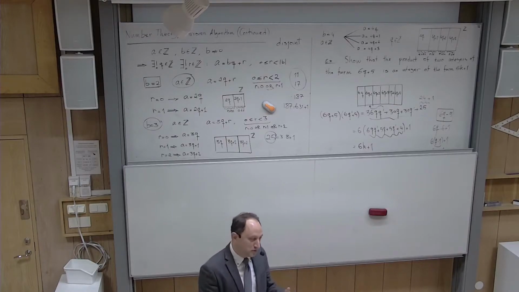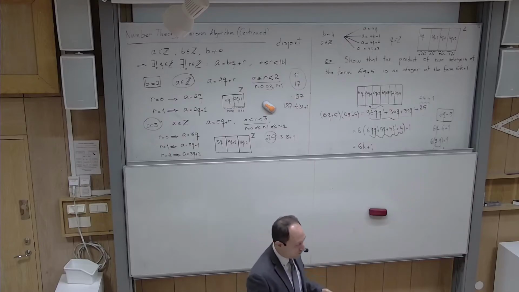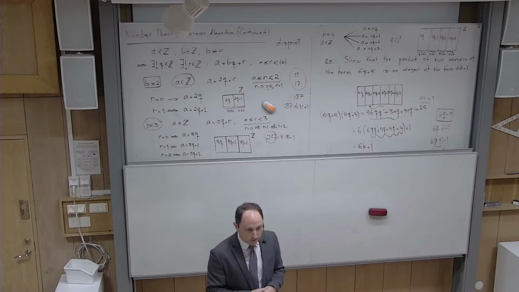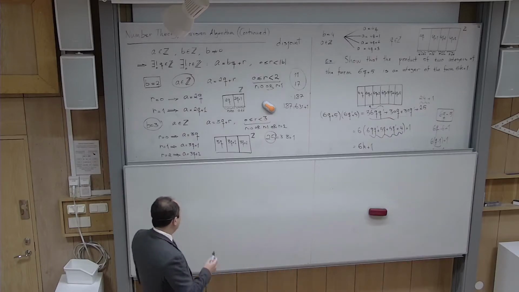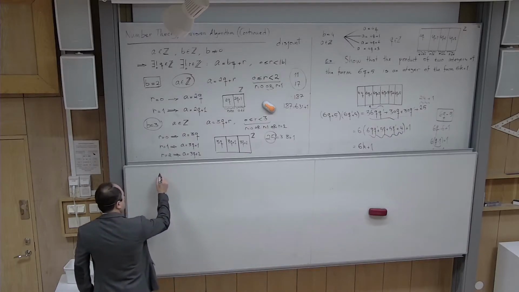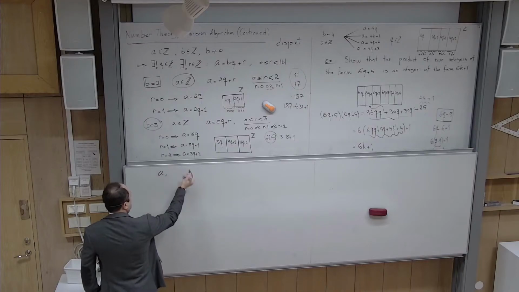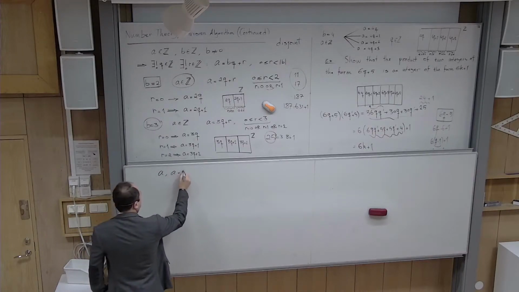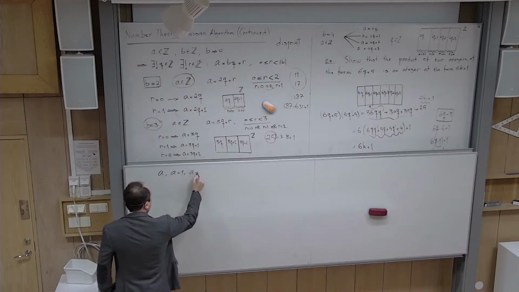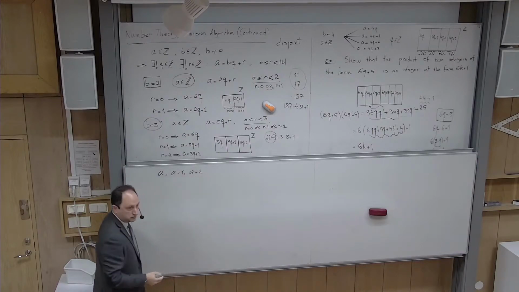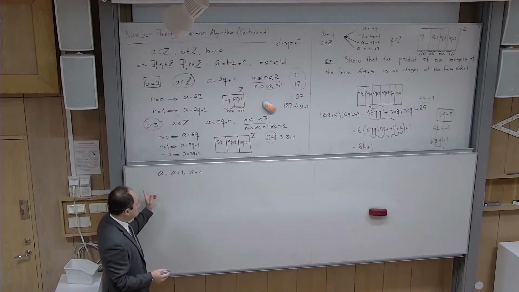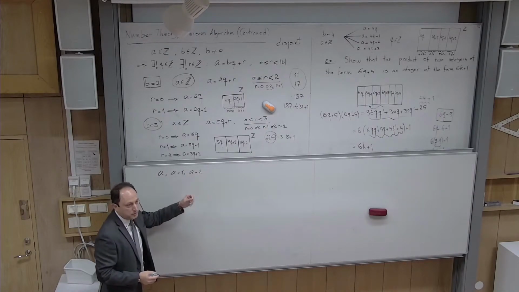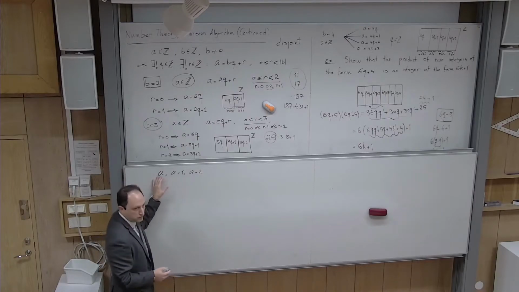Of course, it might be very obvious to you, but you have to have a good reason for that. So 3 consecutive numbers: one of them is a, the next one is a plus 1, the next one is a plus 2. I don't know what a is, but I am telling you that exactly one of them is divisible by 3, no matter what you have chosen for a.